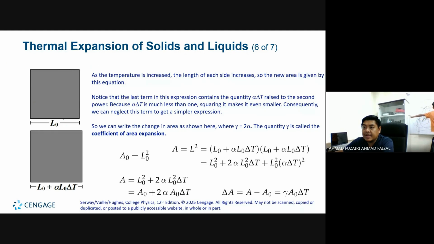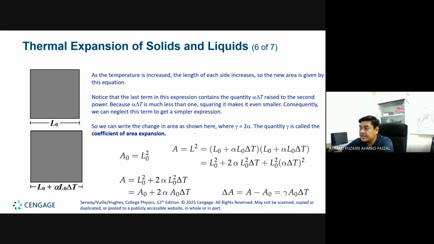Let's say you have L naught, and they have another L, so you can put it in the coefficient of area expansion, like the one that we calculate here, which is A equivalent to A naught, which is L naught squared, but A is L squared.